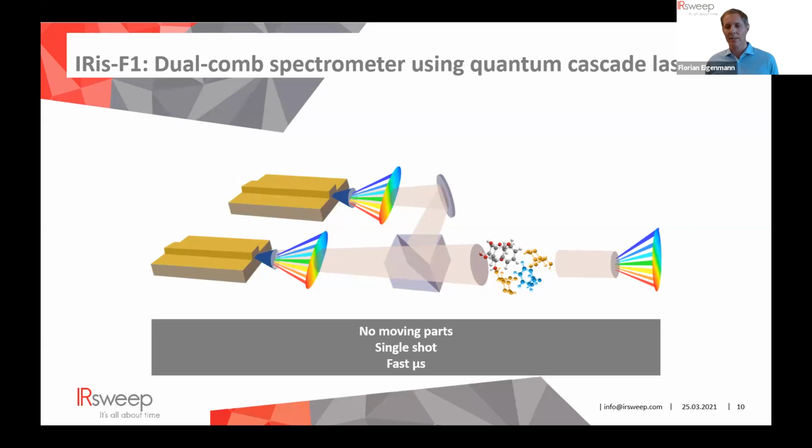So why is that so important, and why is that so fast compared to other spectroscopic techniques, for example, FTIR? There are no moving parts, so you can really measure single shots and fast microseconds, as Carsten will show later on.